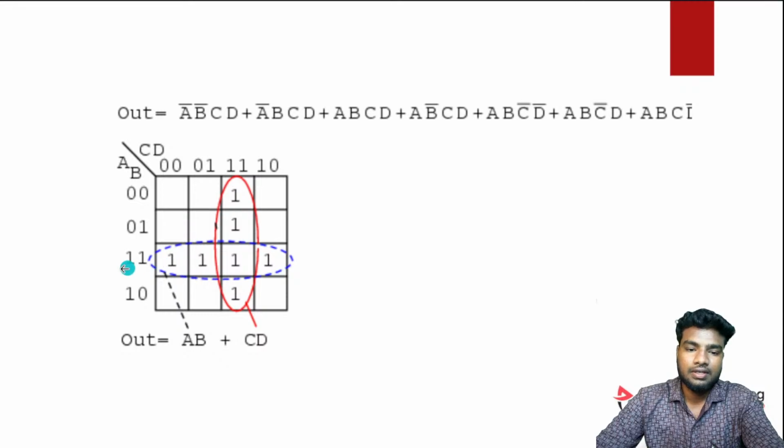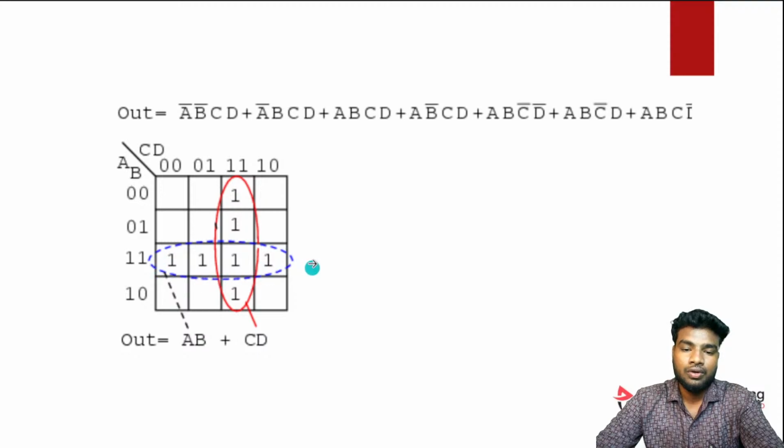Here we can see a and b are the same, 1 and 1, so I just write a b. Also you have to note that here the values are changing, like c d goes 0 0, 0 1, 1 1, 1 0, so we need to remove that. We don't need to write the cd part for this group, so just write a b.